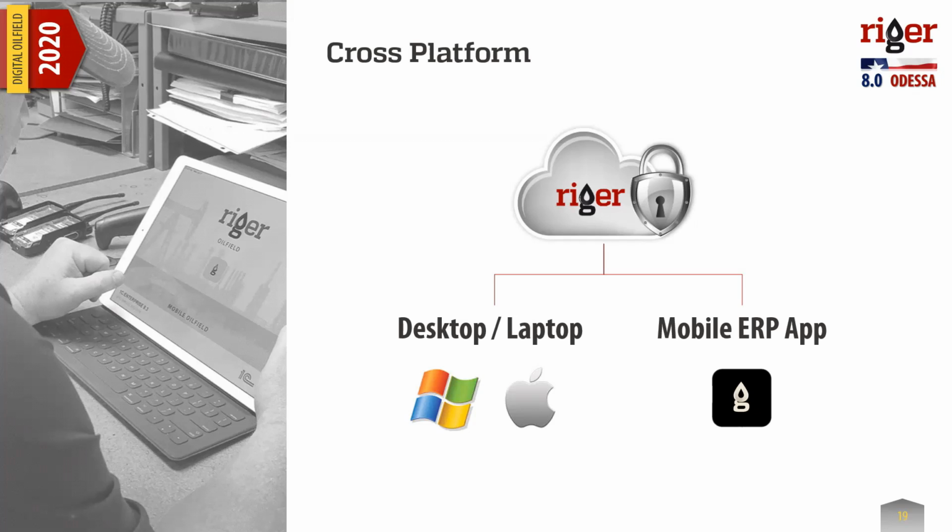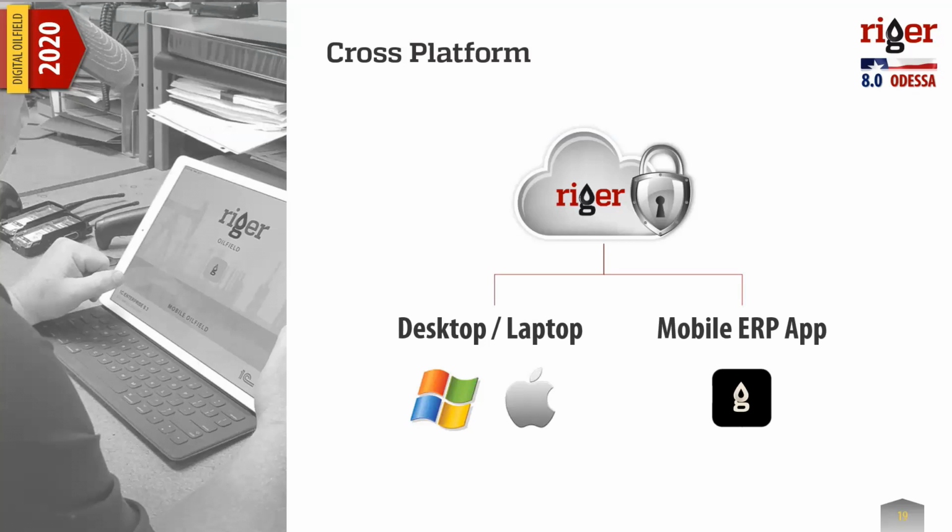So basically your email client is available both on desktops and laptops, on Microsoft and Apple operating systems. And you can also work with the email client on your mobile ERP iOS application.